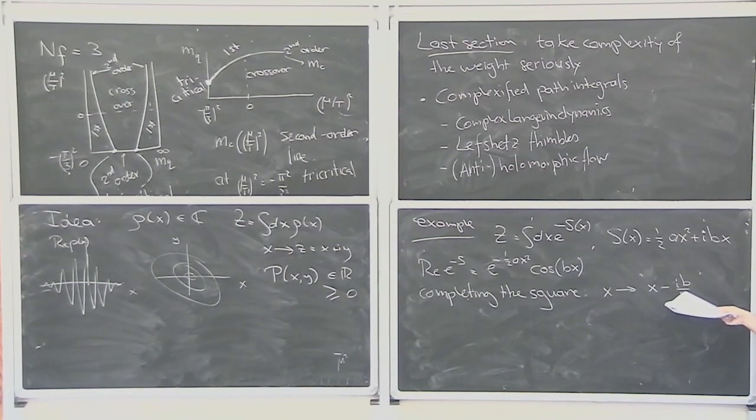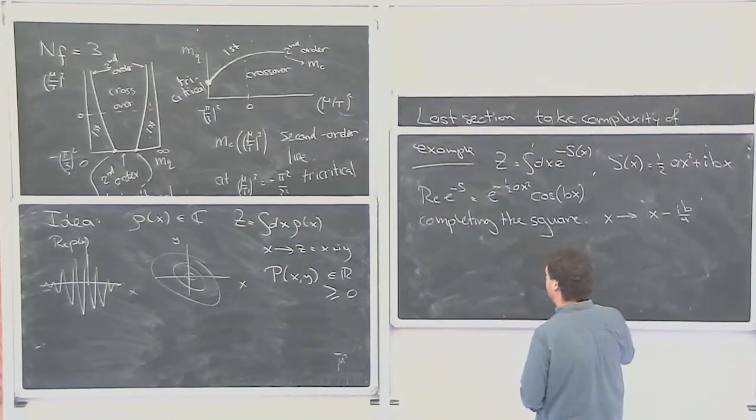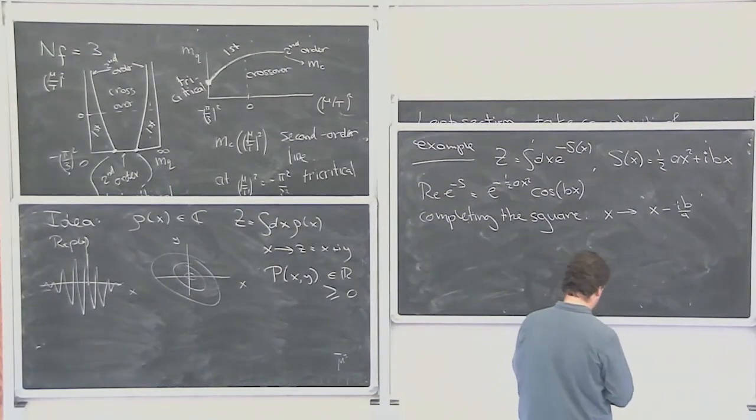So in other words, I'm shifting the variable, but by doing the shift, I actually go into the complex plane. But if I do that, let me try to draw this.